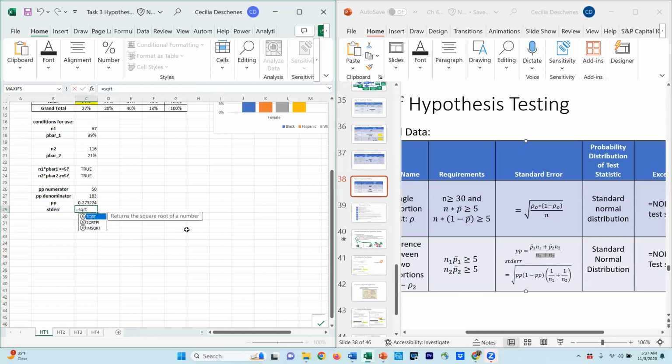You could do the square root as a second step and call this the standard error squared if you prefer, but I'm going to go ahead and do it this way. So I have PP times 1 minus PP times, and notice I have to put parentheses. I'm matching what I'm looking at in the mathematical equation. 1 divided by N1 plus 1 divided by N2.